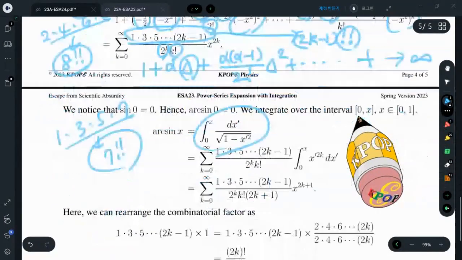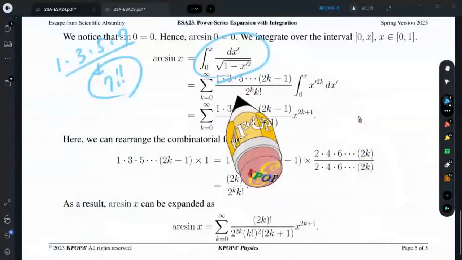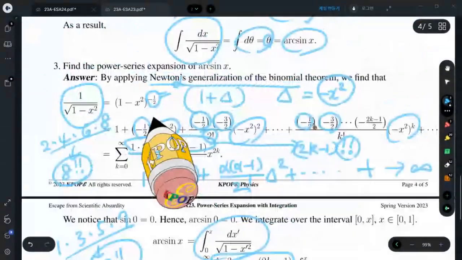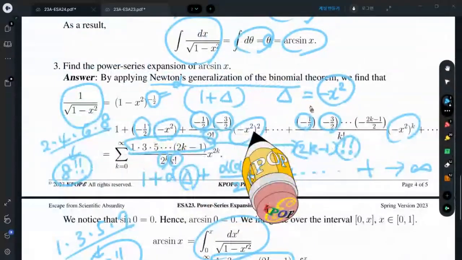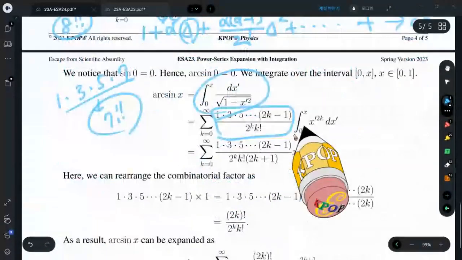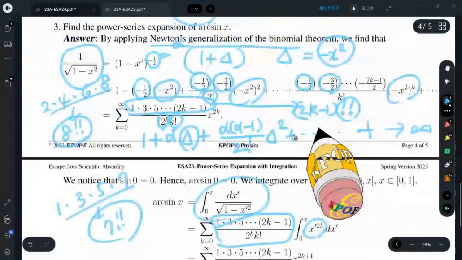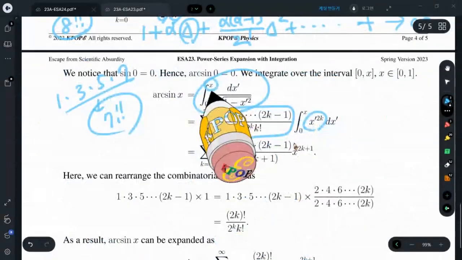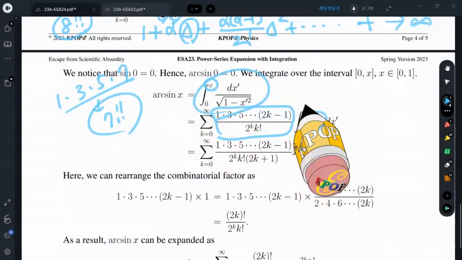Okay. As a result, you substitute the coefficients and you substitute the power k, and you have to integrate from 0 to x.